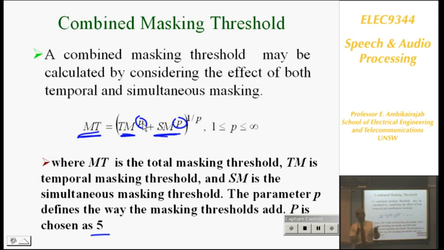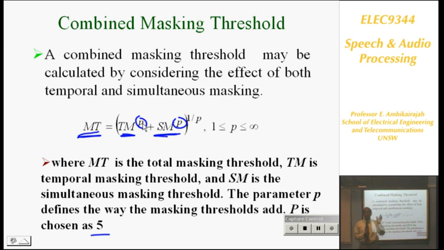If you summarize it carefully, think of it as band pass filters of your input. For each frame you calculate the energy for each filter, and from that energy you calculate the masking threshold for each filter. That's your simultaneous masking threshold for each filter.